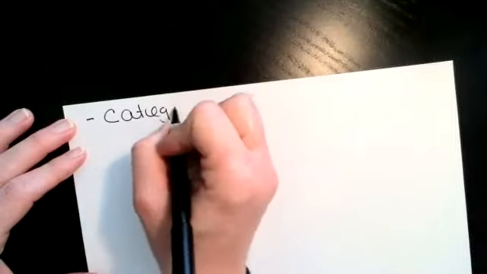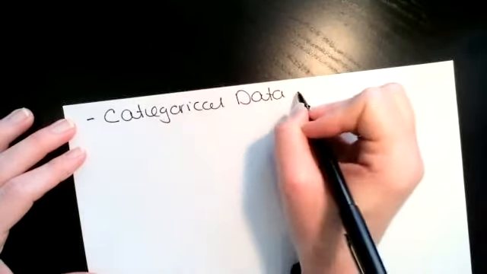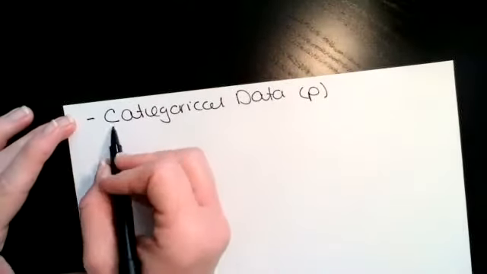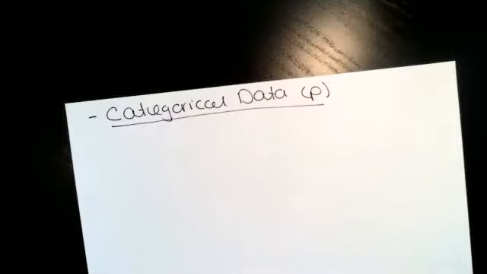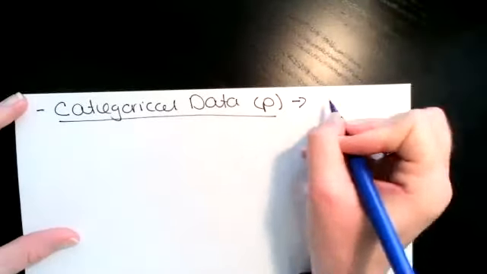So categorical data, and keep in mind this is for p proportions. So remember, if we're looking at categorical data, we are on the z-curve.